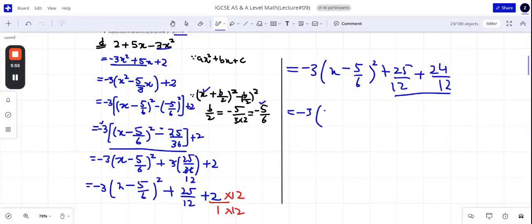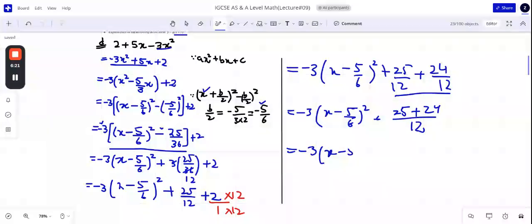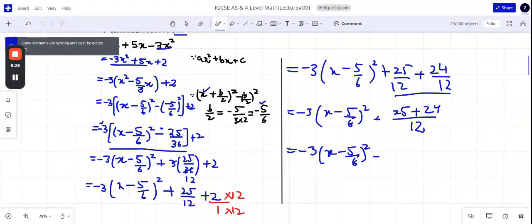Minus 3 into x minus 5 over 6 whole square, then plus LCM is 12. We write the LCM once, then bring down the top values and write together 25 plus 24. So 25 plus 24 is 49 over 12.